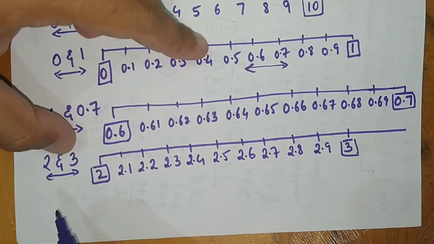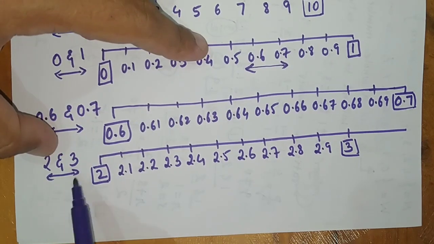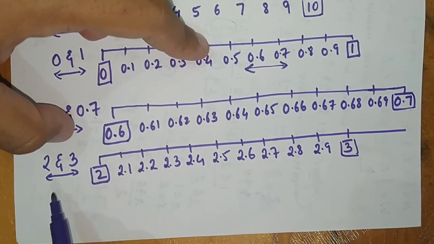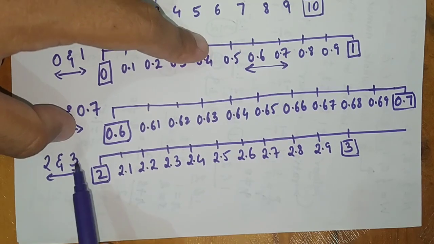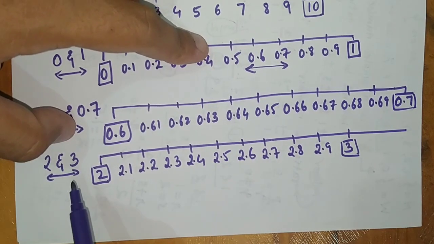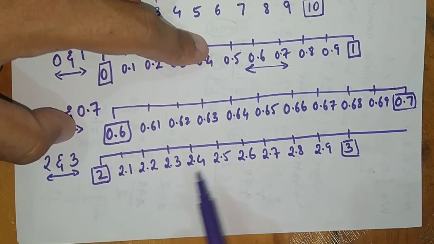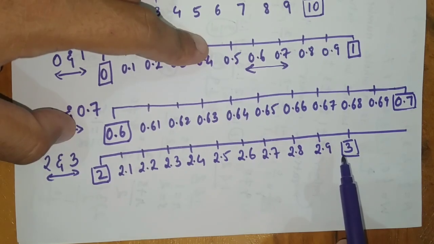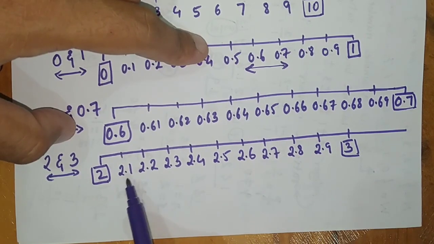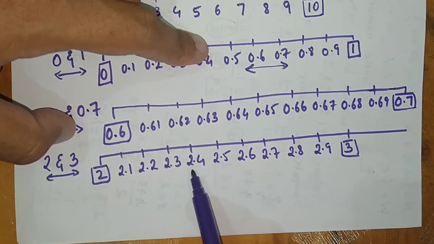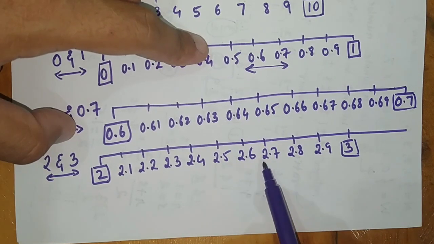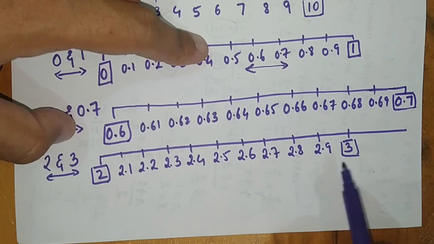See here, there is a gap between 2 and 3. You need to represent numbers, so you need to find numbers 2.1, 2.2, 2.3, 2.4, 2.5, 2.6, 2.7, 2.8, 2.9.